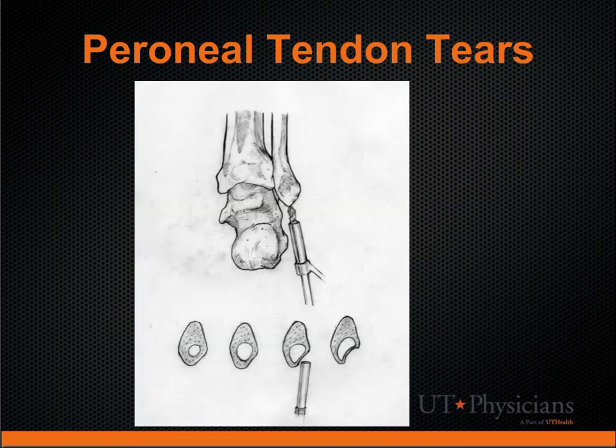So in those that need a groove deepening procedure, a neat slick technique that we're doing these days involves taking sequential reamers of a drill and actually placing it on the tip of the fibula. And what you can do is actually make a hole, a hollow within the canal.